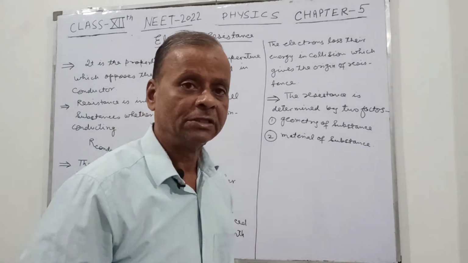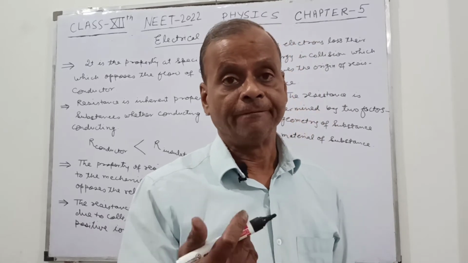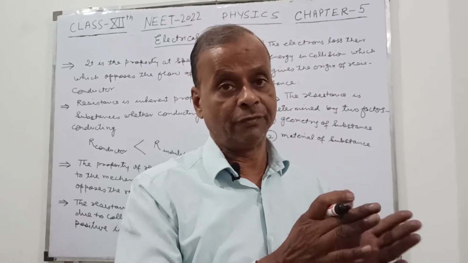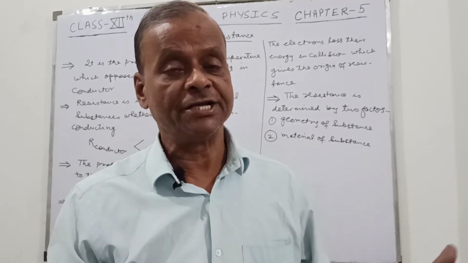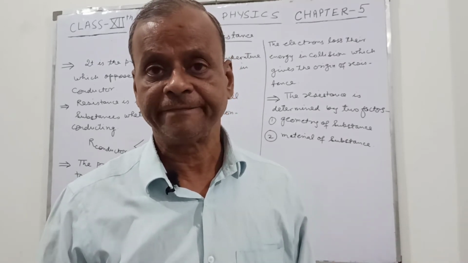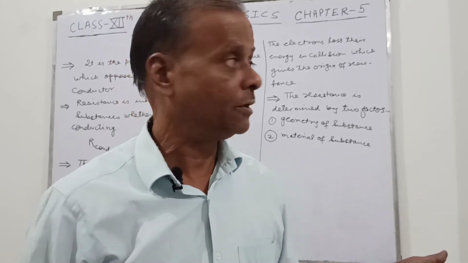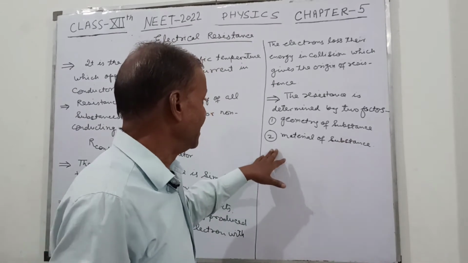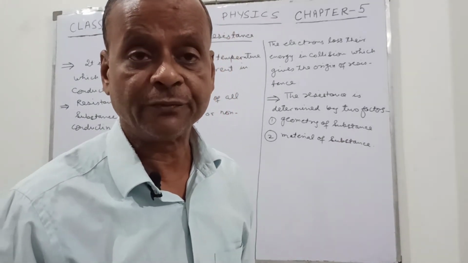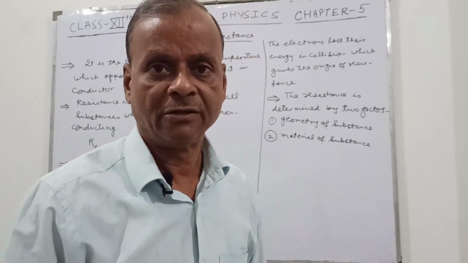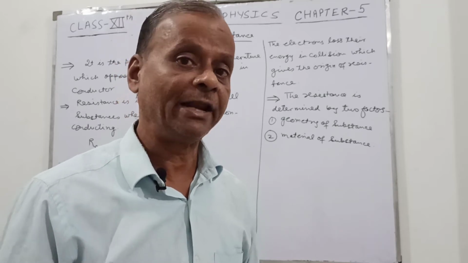Geometry means what? The length, area. So geometry, whether the given conductor is very long or very short, or it is thick or thin, is all about the geometry of the substance. And second, the material of the substance. So what kind of material is the conductor made of? Either it is conducting or non-conducting, or it is an alloy.